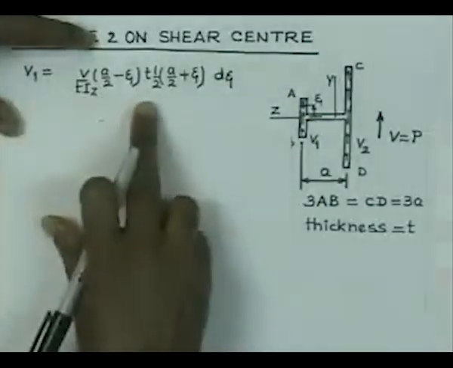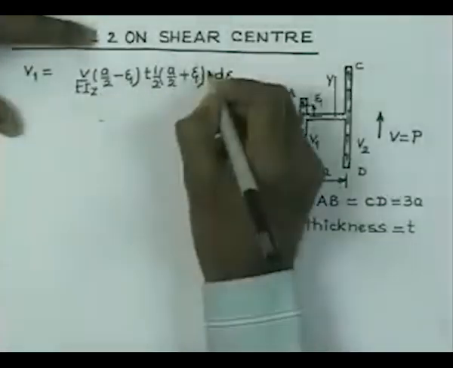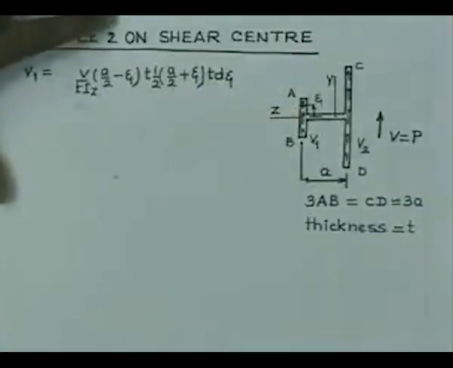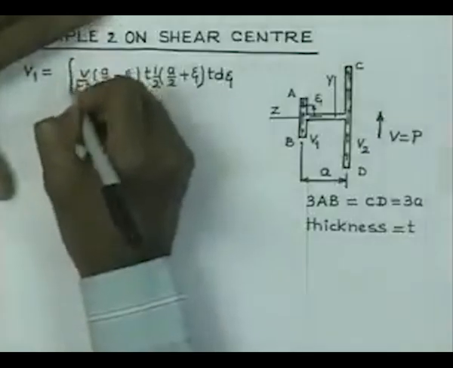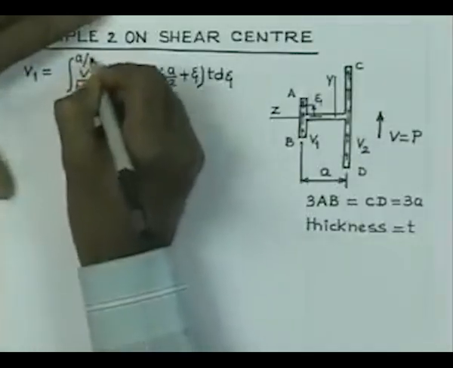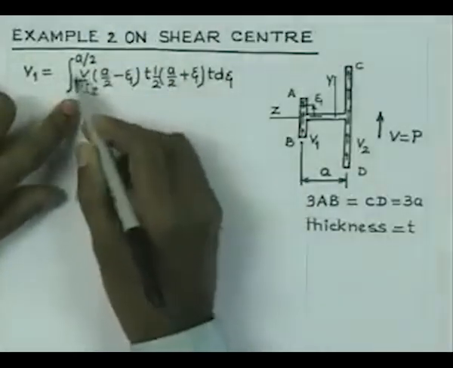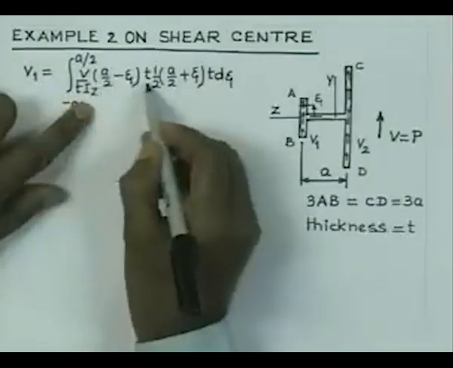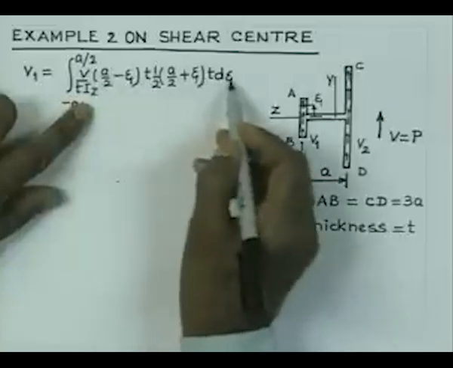So, that is the area, and Vq into dA. So, we will also have one T coming here. So, finally, what we find here is that the integration limits are minus A by 2 to plus A by 2. So, please note that this is the shear V by T I z, this is nothing but Q from here to this expression, and this is dA.